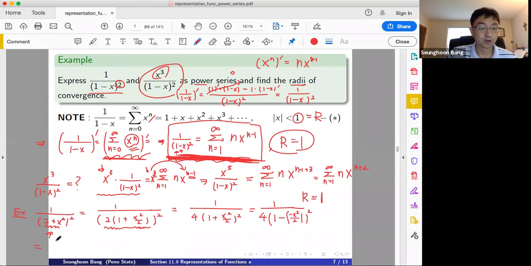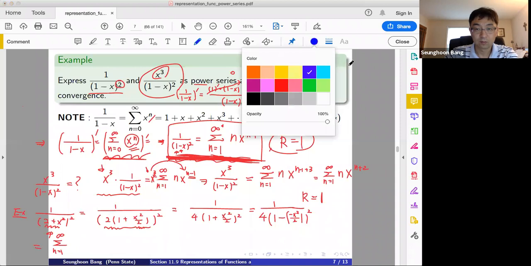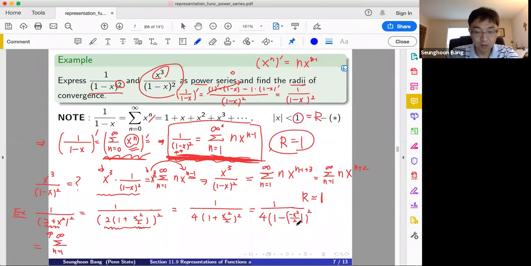So you can use the summation form, n equals 1 to infinity, same as before. What happens here? Only plug the common ratio, minus x squared over 2, into it.